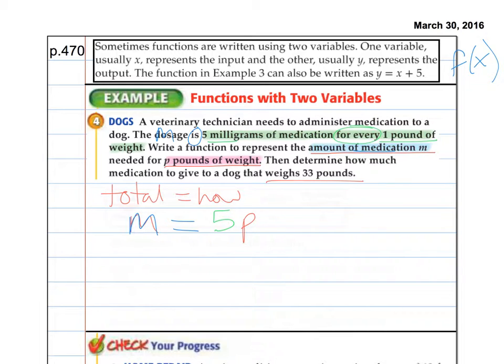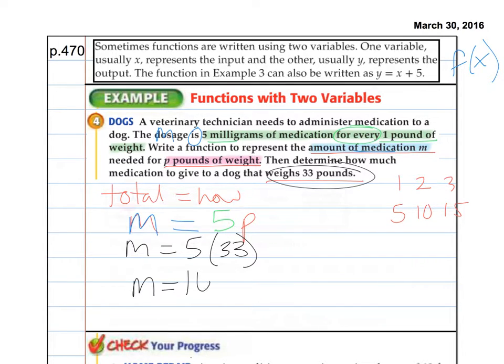That's how I worked my way through that. 5 for every 1, meaning increasing 5 every 1 pound. If you picture that in a table, if a dog weighs 1 pound, it's 5. 2 pounds, it's 10. 3 pounds, it's 15, and so on. So if we want to figure out that for a 33-pound dog, which represents p, our output is going to depend on that input of pounds. And what I find out is then that the medication is 165 milligrams.